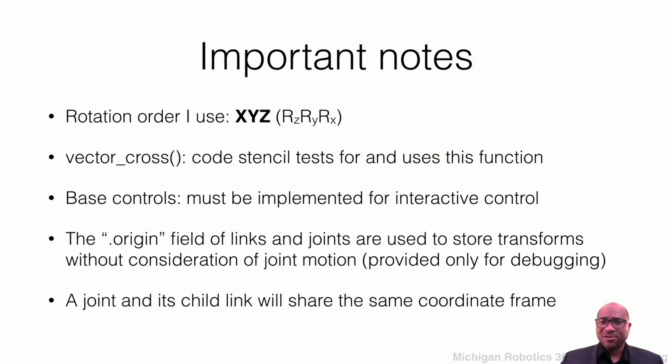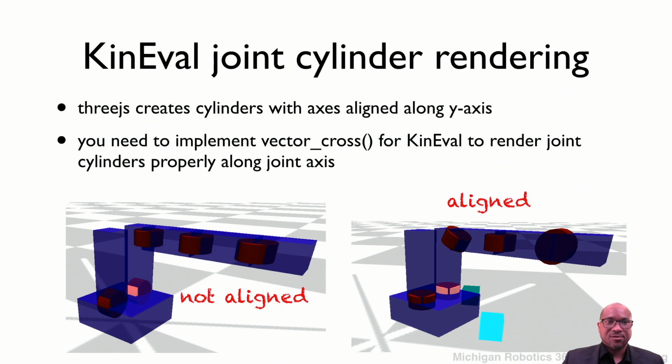You have to implement base control so we can move your robot around properly. The origin field, we use that to store things about the origin, but it's mostly used for debugging and providing important information about the joints with respect to each link. And we just assume for this case that a joint and its child link will share the same coordinate frame. And so I just wanted to say those. The vector cross, if you don't implement vector cross, you get no joint cylinders when they're rendered.